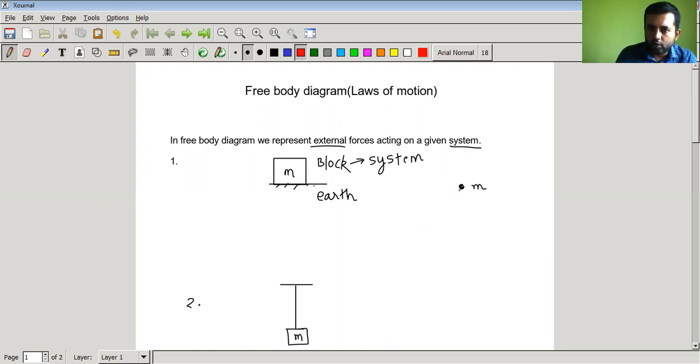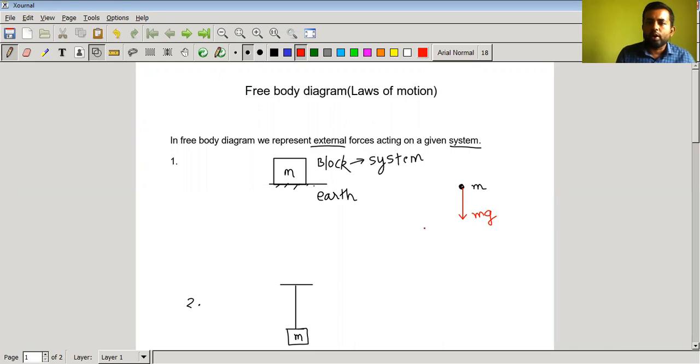So, first external force on our system I am drawing is the gravitational force, or what we call it, weight. Okay, so I'm representing it by red arrow, and this force, you know, that will be m into g.